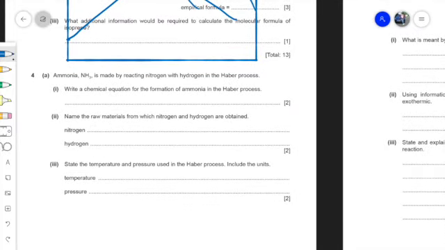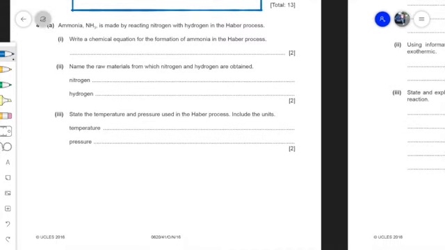Before I go on, this question is actually from 2016, October, November, strand 41.